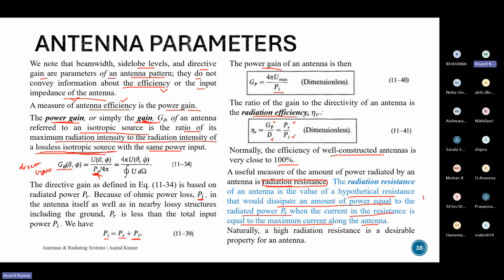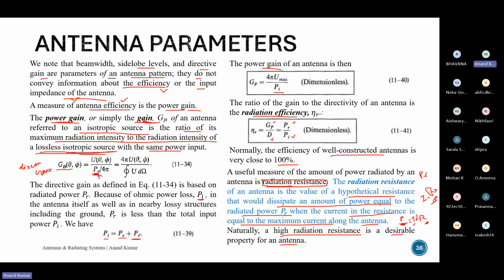So when you have the maximum current and you want to radiate a certain amount of power PR, you can find out some resistance value, and that is the radiation resistance for that antenna. A high radiation resistance is a desirable property because the power is given by I squared R. If you have a higher R, you will have a higher radiated power.